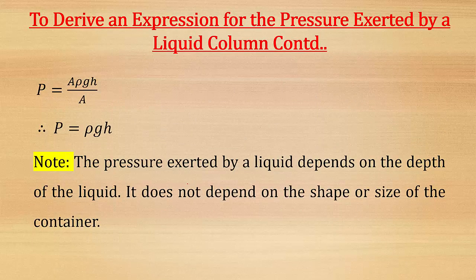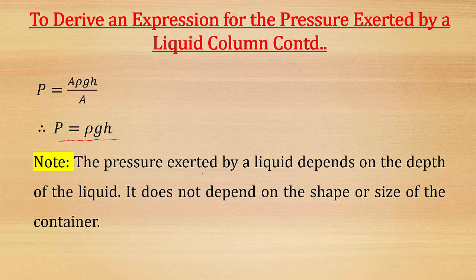Next point, to derive an expression for pressure exerted by a liquid column. You just remember this equation; the derivation you already studied in detail in the theory classes. P equal to rho g h. Rho is density, g is acceleration due to gravity, h is height. So P equal to rho g h; this equation you have to remember.